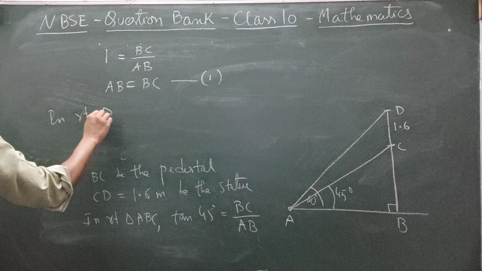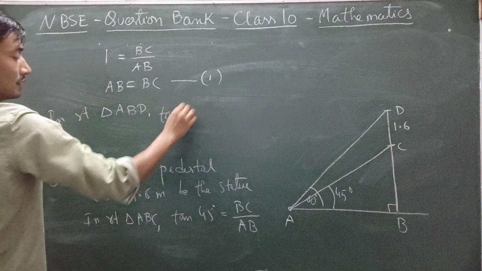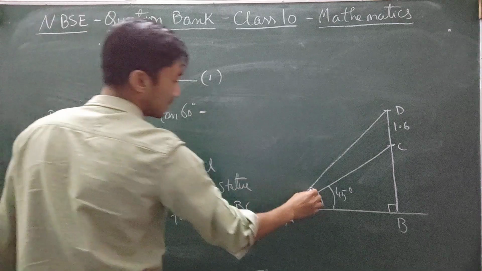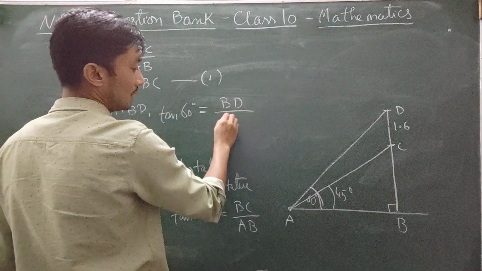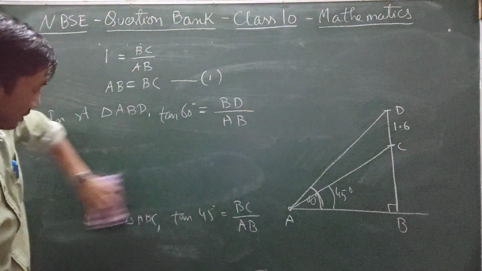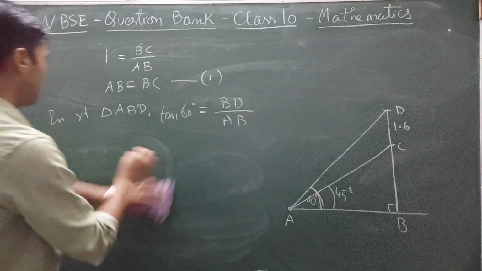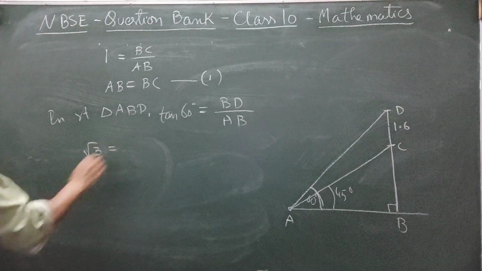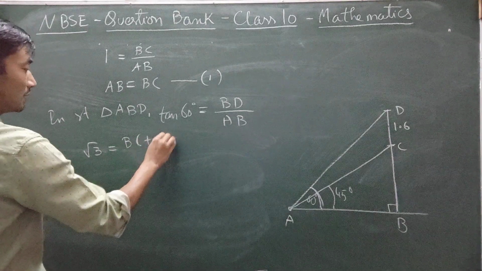We'll go to the bigger triangle. In right triangle ABD again, tan of 60 degree will be equal to BD by AB. So tan 60 is root 3. I'll just write here so that we can do it in one space. BD we don't know, but BD we can write as BC plus CD.